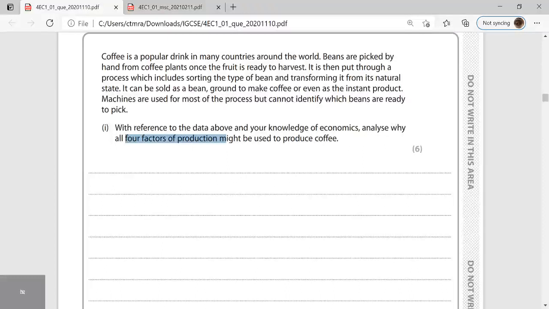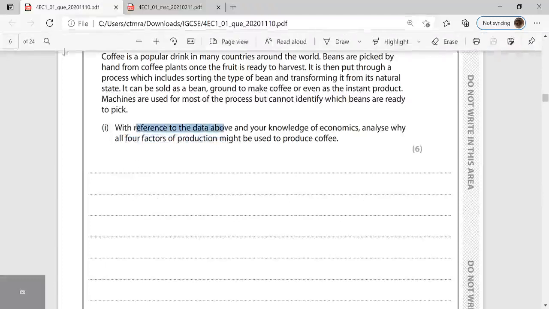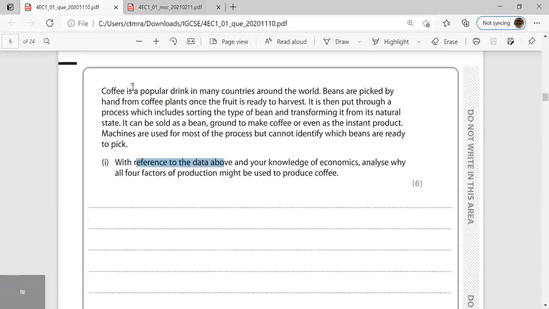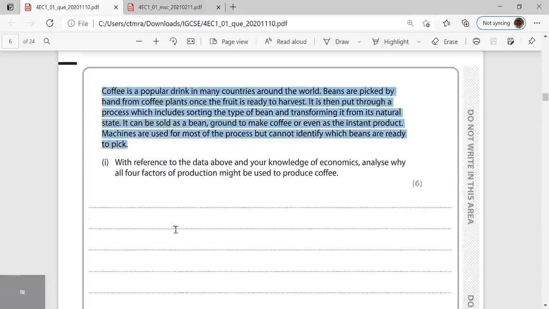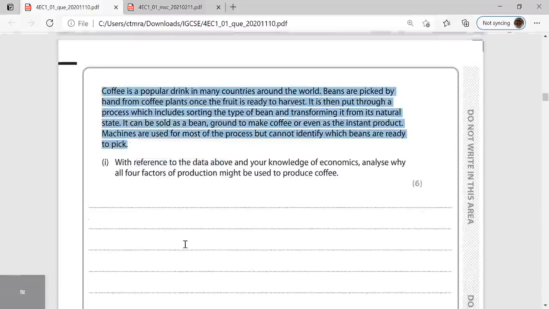When you're answering, you must use the reference to the data. The data given above is a mandatory thing. If you fail to relate to this case, then 2 marks or more might get deducted.